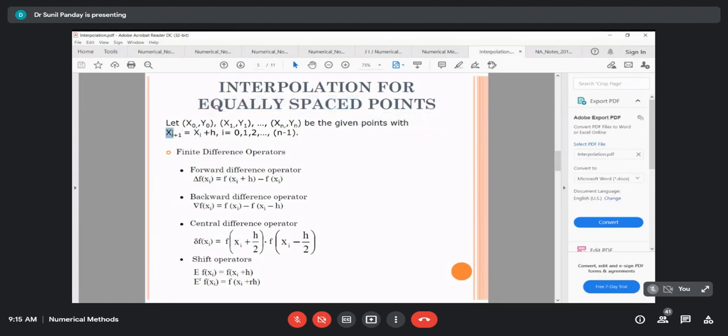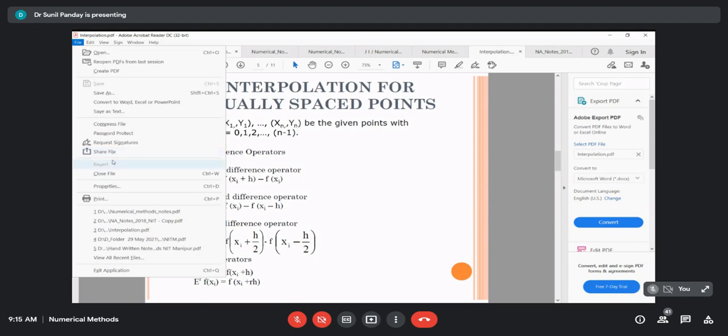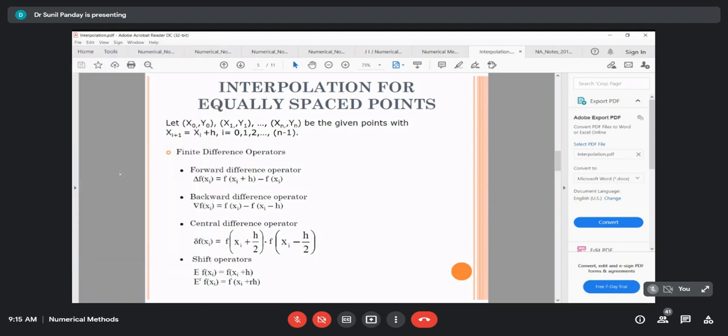So what do we mean by equally spaced? That is, xi plus 1 equals xi plus h. That is, the difference between two consecutive values of x remains h. If the difference between two consecutive values of x remains the same, then it is called equally spaced data.